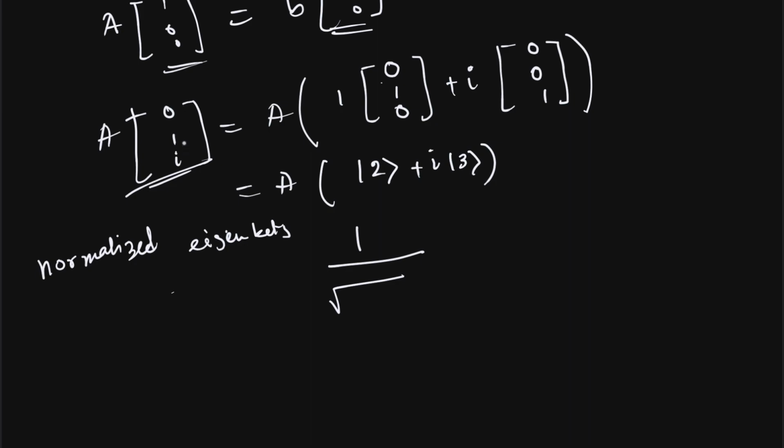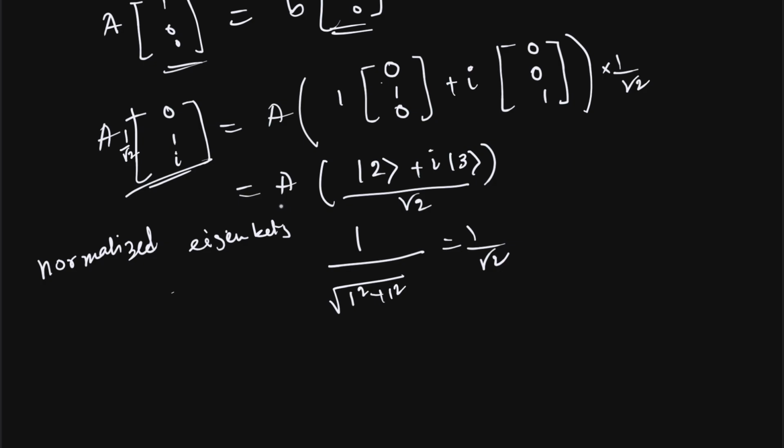That means 1 squared plus mod i squared, which is 2, so 1 by root 2. So the normalized eigenkets will be 1 by root 2 into this, so there will be 1 by root 2 here also.